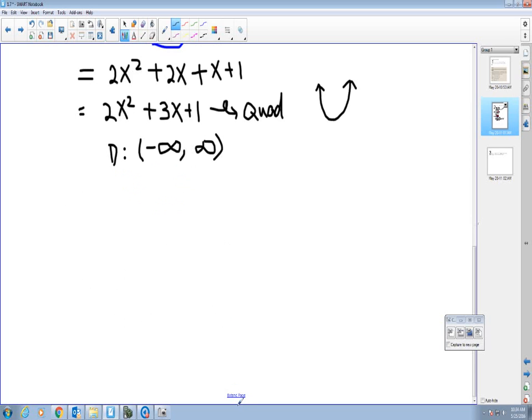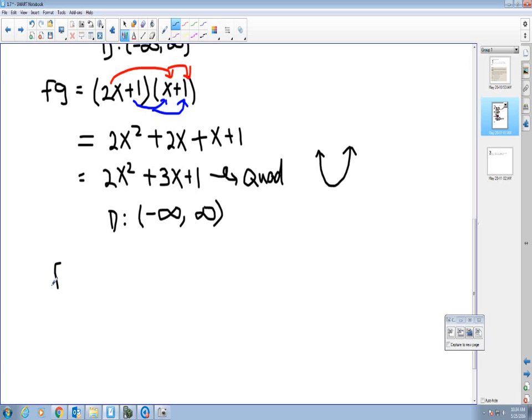Alright, division is a little bit trickier. The quotient of two functions. If I take my function f of x, which is 2x plus 1, divided by x plus 1, when I write it out this way, it creates a rational function.